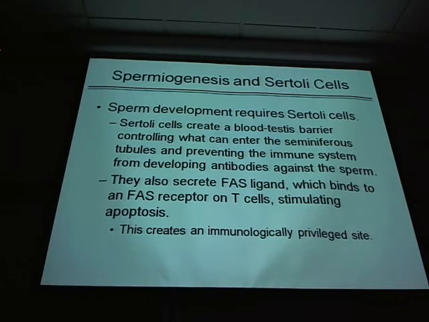Sperm development requires Sertoli cells, which create a blood-testes barrier. This is actually very important. Sperm is considered by the body as foreign. The Sertoli cells make the testes immunologically privileged, meaning that the body can't get in there and see that these are foreign.